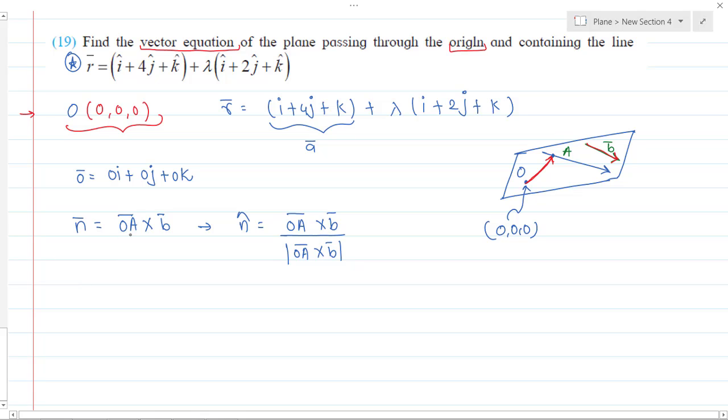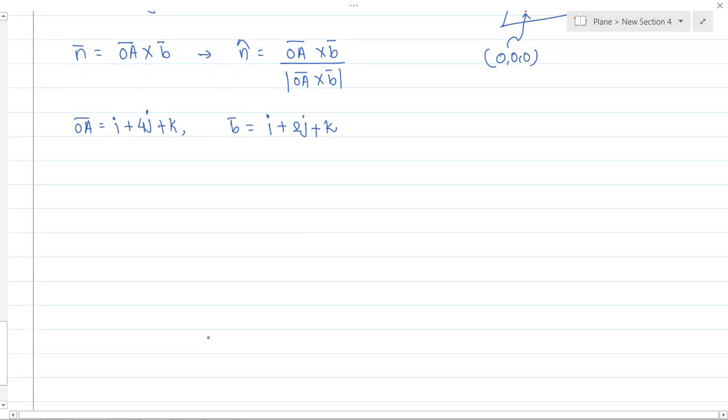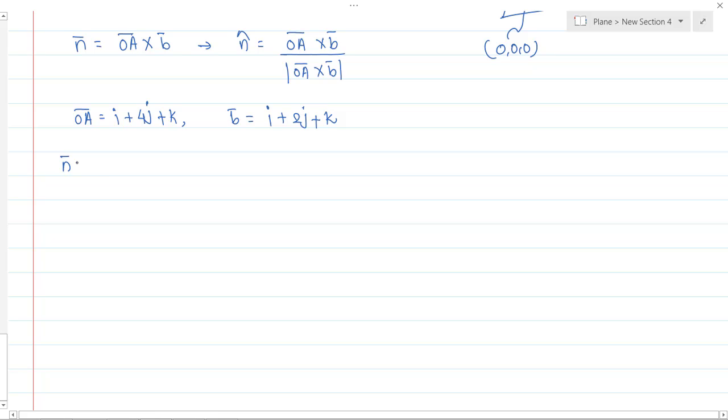First you take OA bar. OA bar is i plus 4j plus k, and B bar is i plus 2j plus k. Now let's solve the cross product, so that we get n bar, which is the determinant of i j k, 1 4 1, 1 2 1.